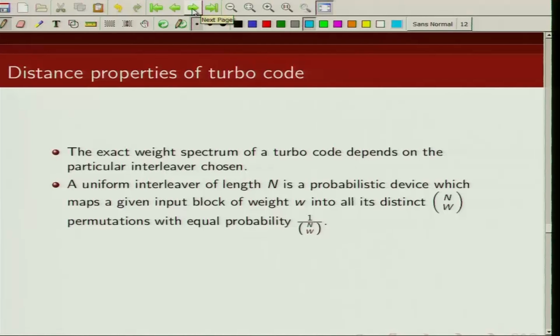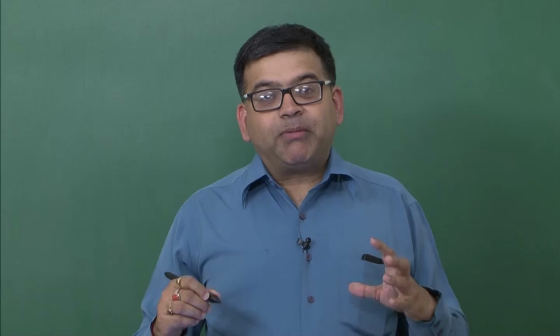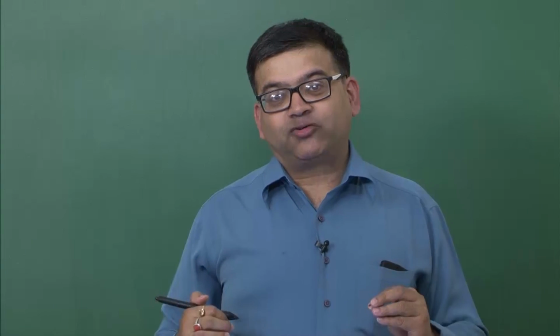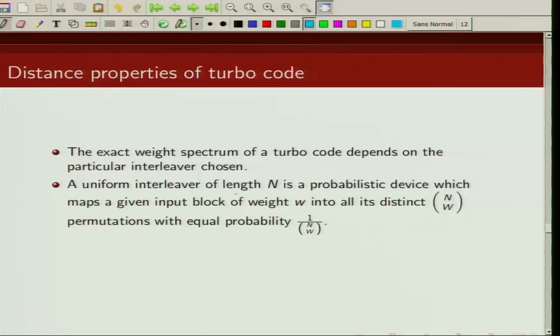This will help us come up with the weight enumerating function of this parallel concatenated code averaged over all interleavers. So, what is a uniform interleaver? A uniform interleaver of length n is a probabilistic device which maps an input block of weight w into all distinct (n choose w) permutations with equal probability.